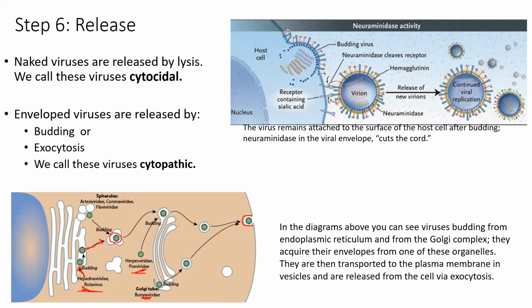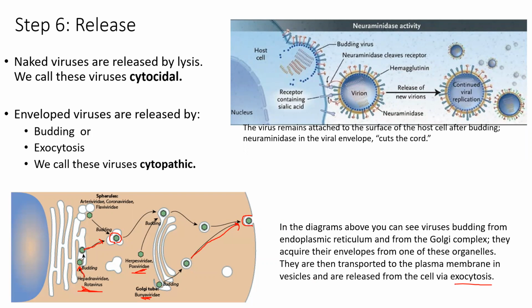So these are all acquiring their envelopes from an organelle. But remember, organelles are membrane bound, so they're still acquiring that host membrane. In this case, from the Golgi they're then transported to the plasma membrane, where they are released from the cell. Again, this overall process of releasing something rather large, like a virus, is called exocytosis.